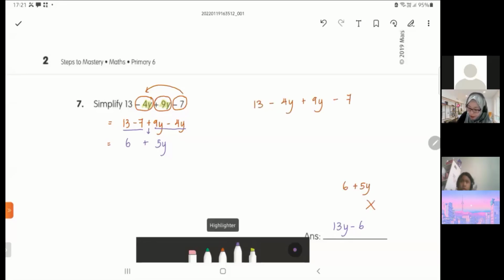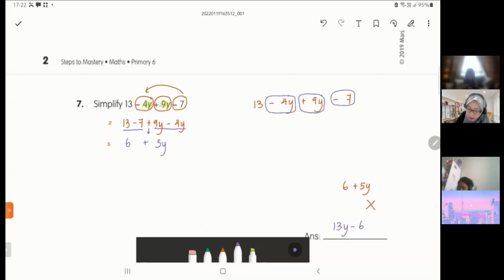You all know that each of the number and each of the algebra have their own signs in front of them. So minus 7, and then you have your plus 9y, you have minus 4y. What about 13? What is in front of 13? This is a number. This is not an algebra. In front of 13 is actually a plus, but it is implicit.